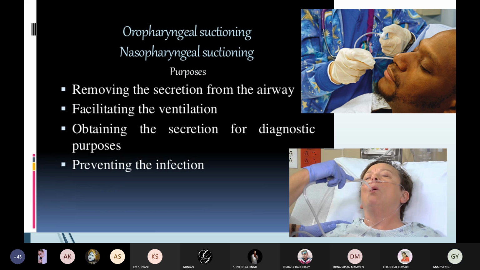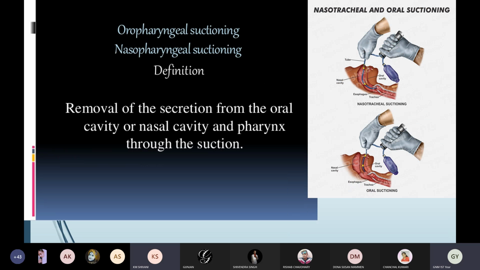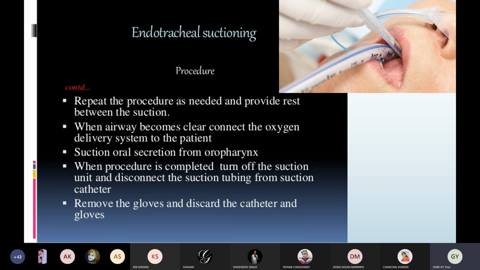So is this clear with everyone? Anybody has any doubts? No, ma'am. Okay, so this procedure, oropharyngeal and nasopharyngeal suctioning, is very simple as compared to endotracheal tube suctioning.